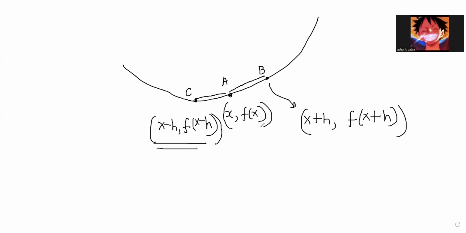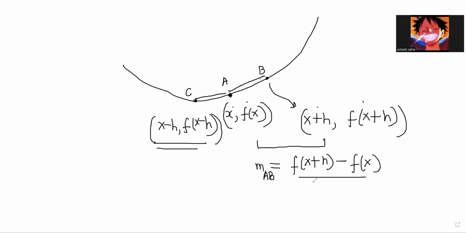Correct. And we are going to calculate the average rate of change of the function between A and B. So basically the slope of AB. That would be what? y2 minus y1 by x2 minus x1, right? So it will be f of x plus h minus f of x by x plus h minus x. So that becomes f of x plus h minus f of x by h, right?